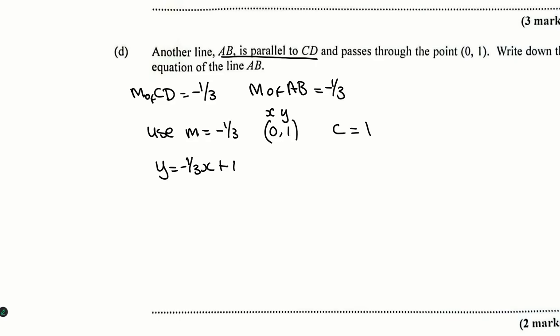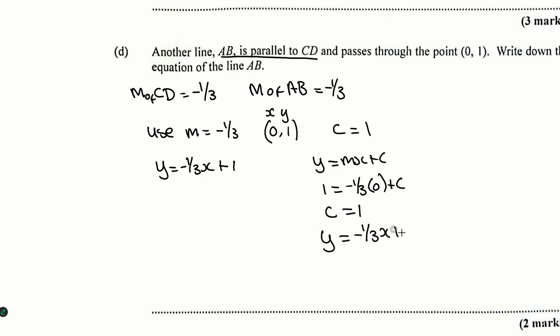Now, if you don't remember it, you can just do y is equal to mx plus c. So we know y is 1 is equal to negative a third by x, which is 0, plus c. So we can see c is equal to 1. So now we know y is equal to negative a third x plus 1.